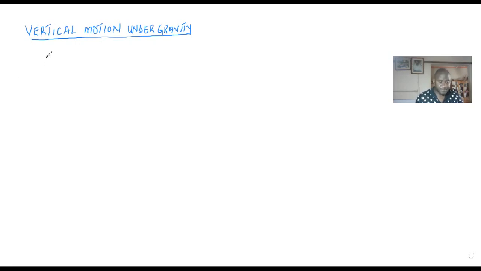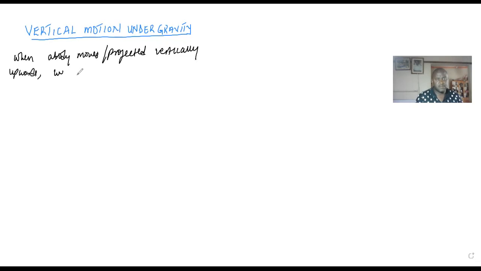So in that case, when a body is moving upwards, when the body is projected vertically upwards, we regard its acceleration as acceleration due to gravity.